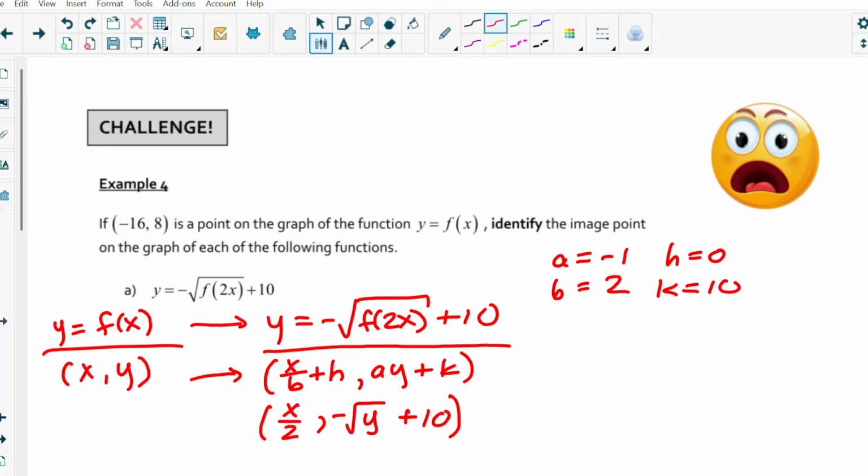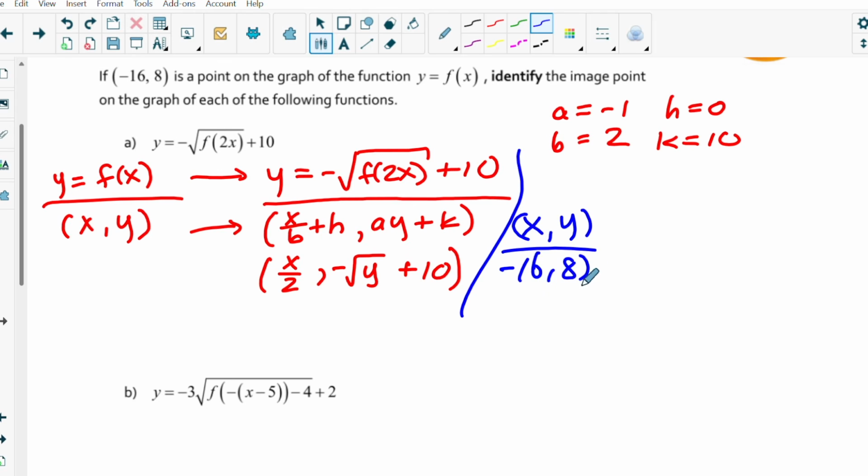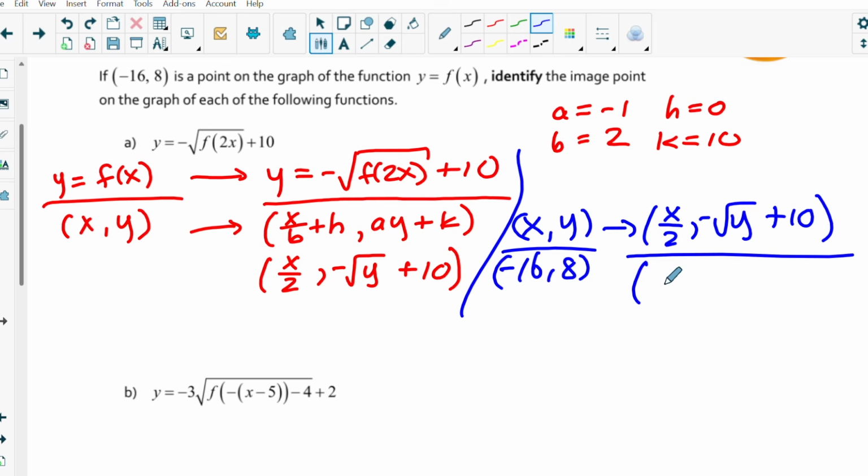Okay, so if I have x, y as negative 16, 8, and my transformation is x over 2, comma, negative square root of y plus 10, then that is negative 16 over 2, comma, negative square root of 8 plus 10.